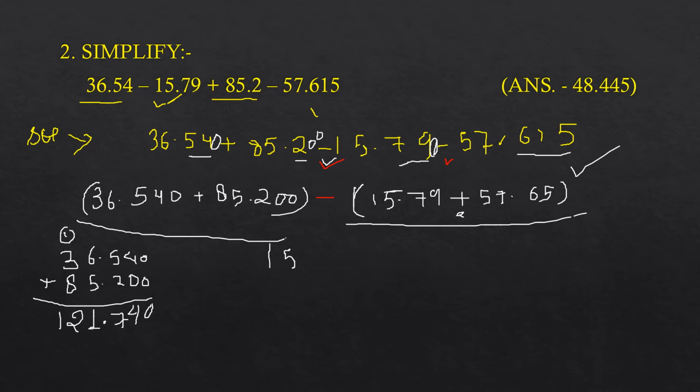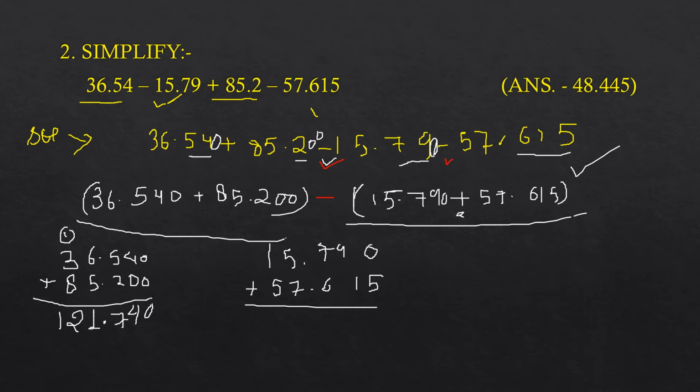So here 0 will be there also. 15.790 gets added to 57.615. I have written wrong here, right? This is 615, this is 615. Now we can add them.